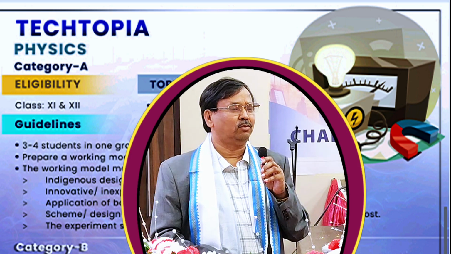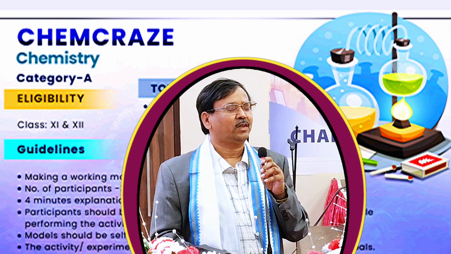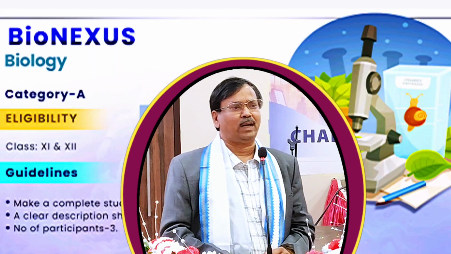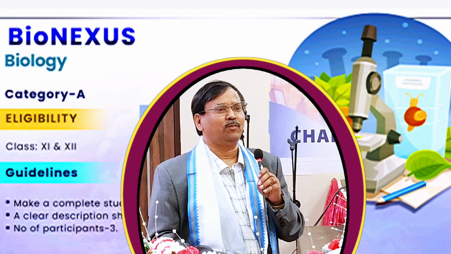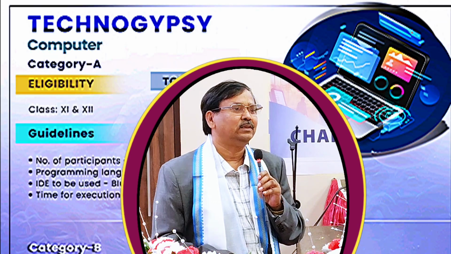If you want to define this, I can say that a particle with any dimension from 1 to 100 nanometer is called a nanoparticle. Suppose iron, whose atomic weight is 55.